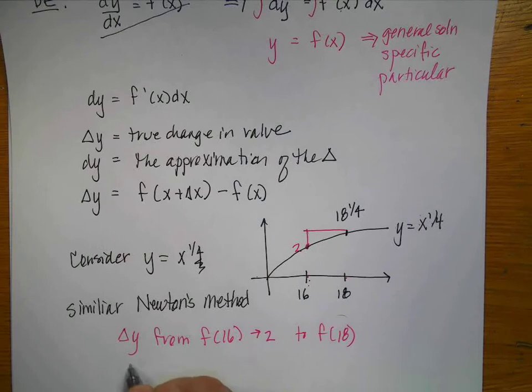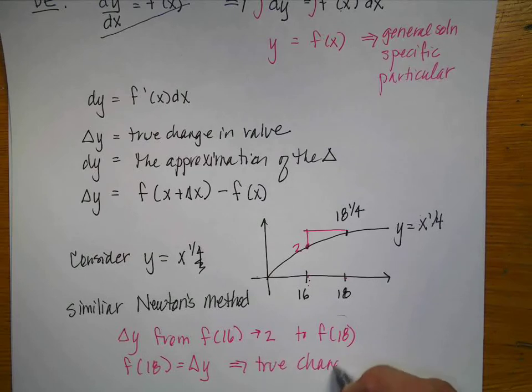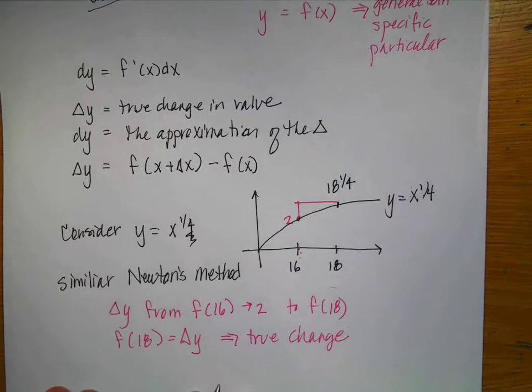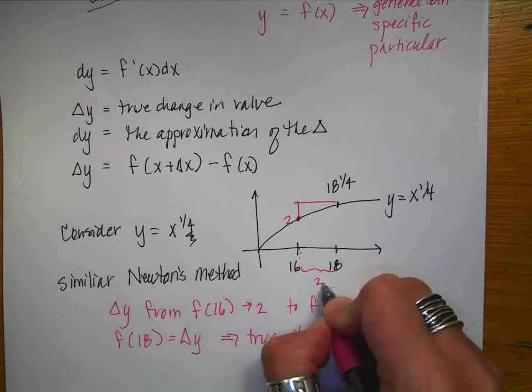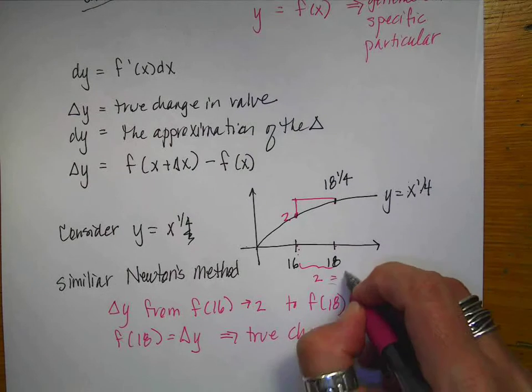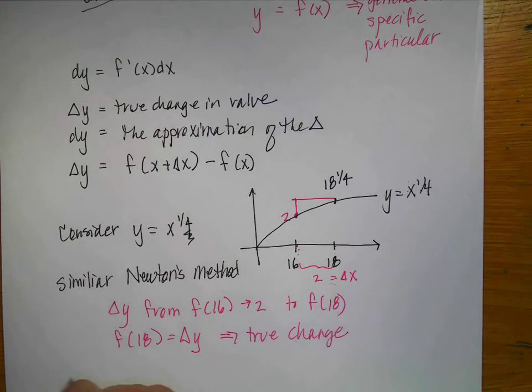Alrighty. So then I know for f of 18 that it's going to equal delta y, which is the true change. And I know this seems a little bit silly, but we'll talk about it in a little bit, okay? Alrighty, and notice that my delta x is also going to be 2. So this is my delta x.